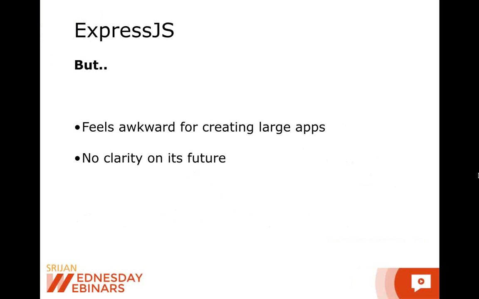So Strong Loop is actually seen by other community members as a company which would not rather help Express to work in the way community wants, but it would actually make it work in the way they want to make more profit. So this is how actually it is currently seen, and right now there is no clarity about what will happen to Express in the future.